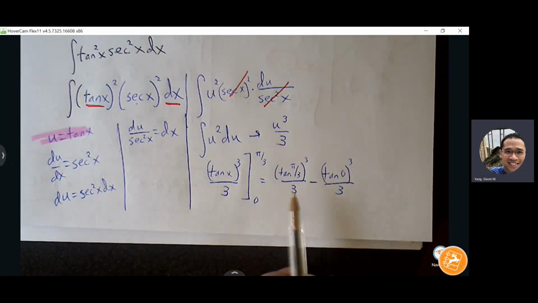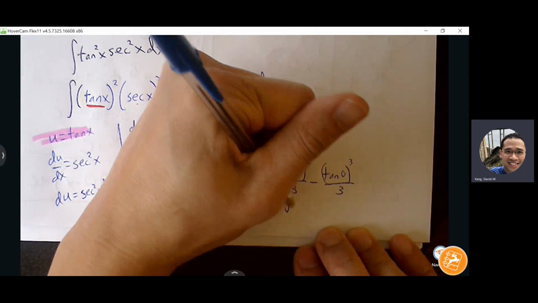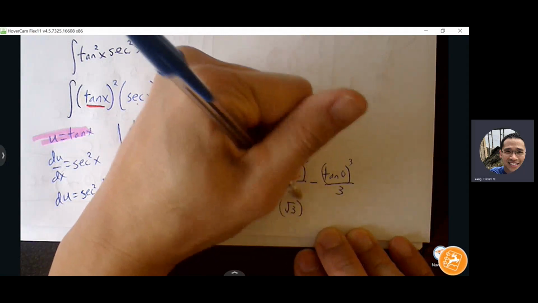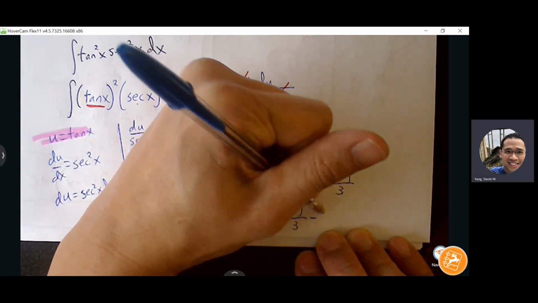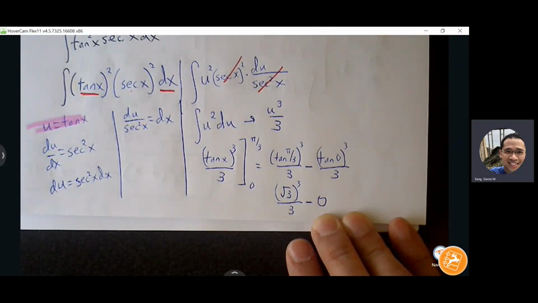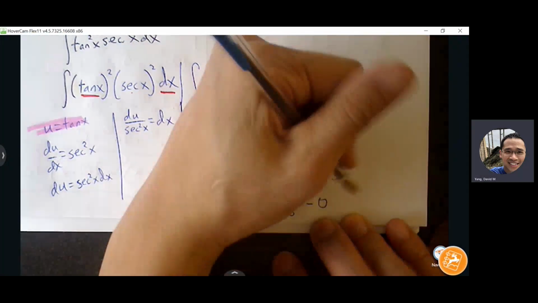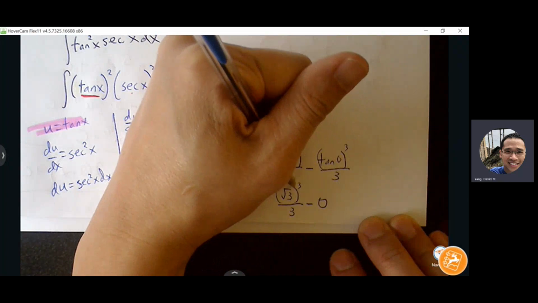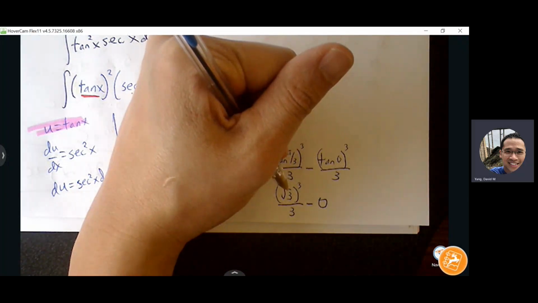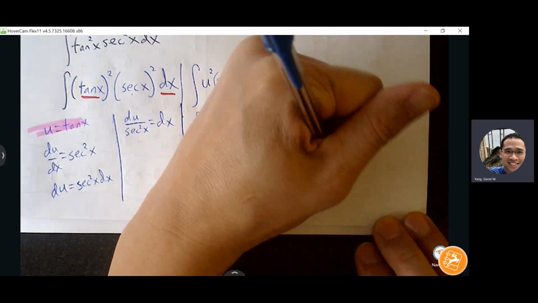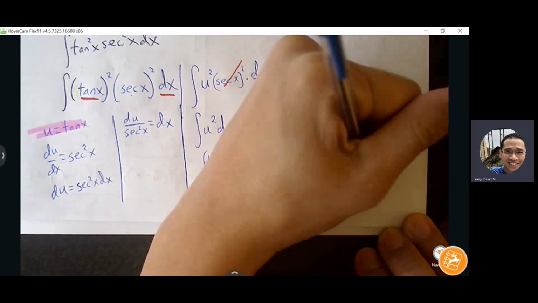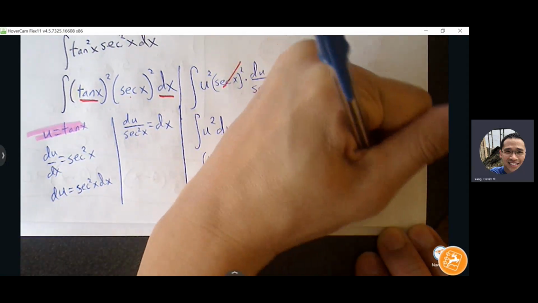If you think about your unit circle value, tangent of pi over 3, the ordered pair is 1/2, root 3 over 2. So sine over cosine, y over x, is just root 3 over 1. So I have root 3 cubed over 3 minus 0. Tangent of 0 is just 0. Root 3 cubed is just root 3 times root 3 times root 3. So that's going to be 3 root 3 over 3, which is equal to just root 3.